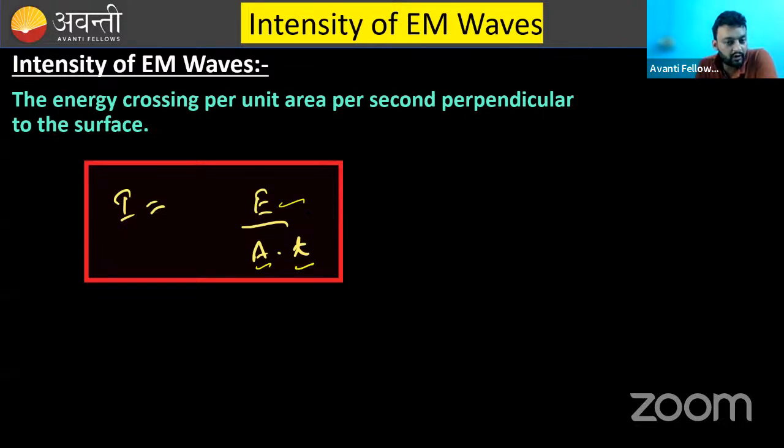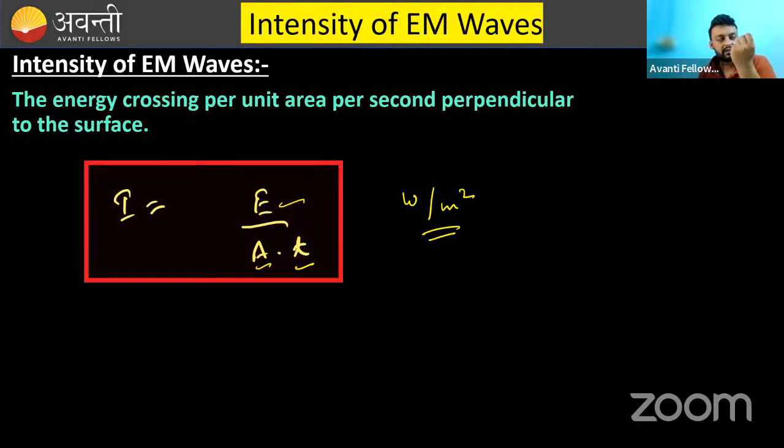Now, if you write the unit of this intensity, energy per unit time is joule per second, so that is watt per meter square. So what is the unit of intensity? It is watt per meter square. Clear? This is the unit.